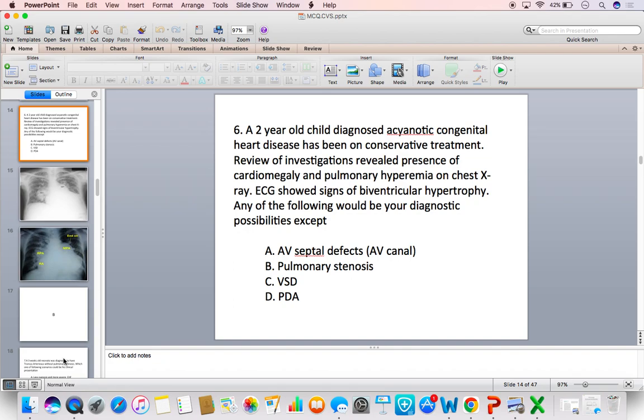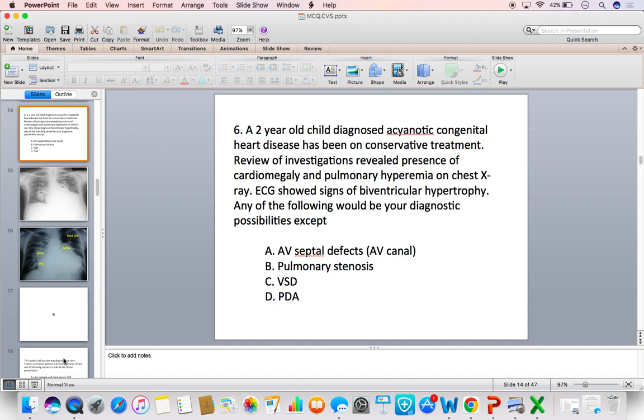ECG showed signs of biventricular hypertrophy. Any of the following would be your diagnostic possibilities, except. Here, the mother brings her child's chest X-ray and the ECG report for the follow-up of her child, diagnosed and being on conservative treatment for acyanotic congenital heart disease.